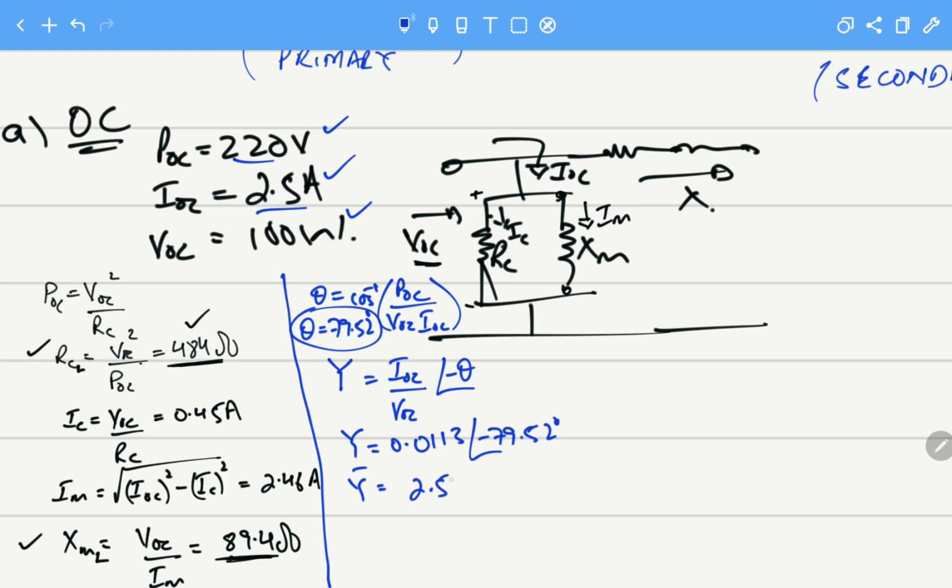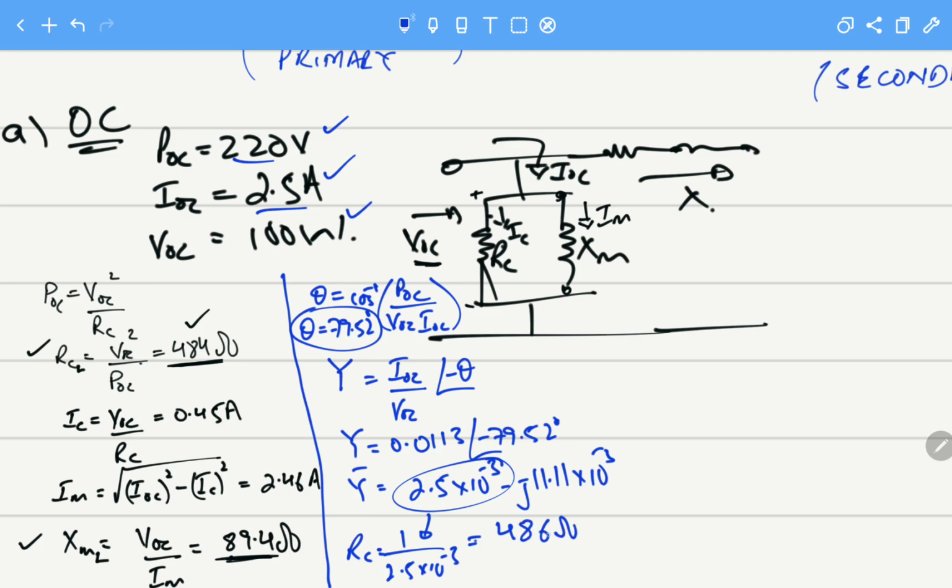We expand this. This is 2.5 into 10 raised to power minus 3 minus j 11.11 into 10 raised to power minus 3. If we take 1 over this value, that is actually RC, 1 over 2.5 into 10 raised to power minus 3, that becomes approximately 486 ohms.